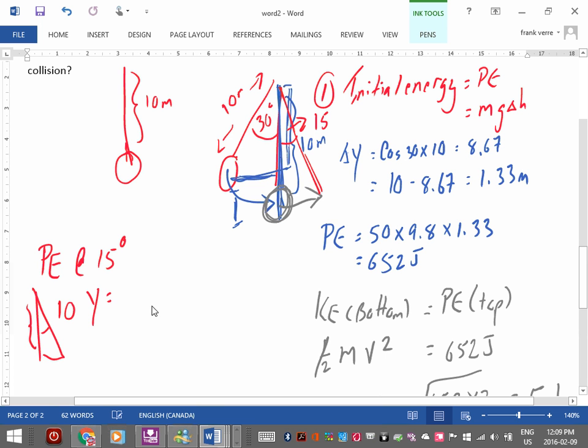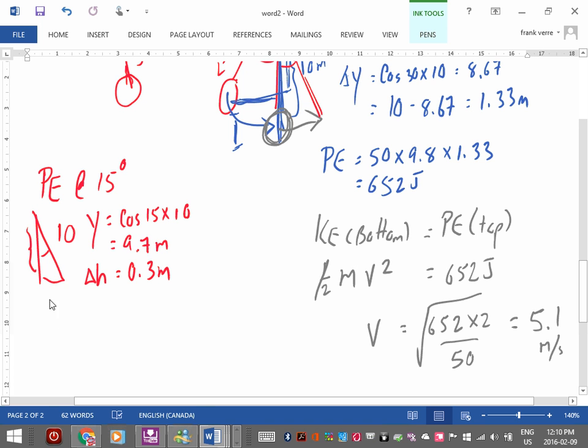So y would be cosine 15 times 10, which is 9.7 meters. That means the difference, the change in height, is 0.3 meters.